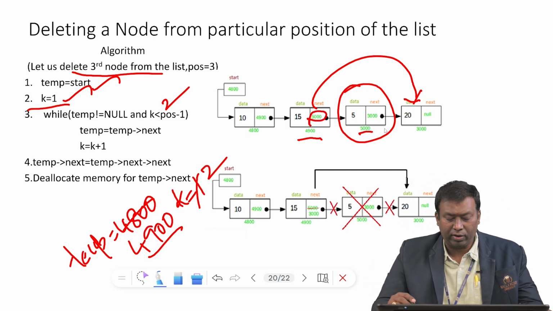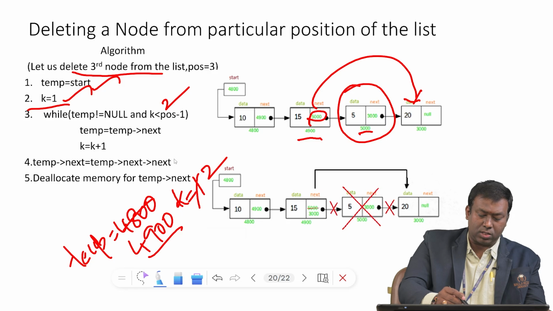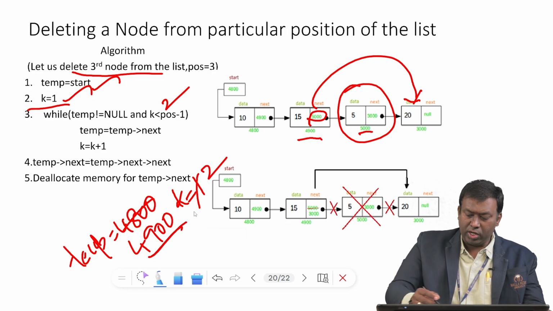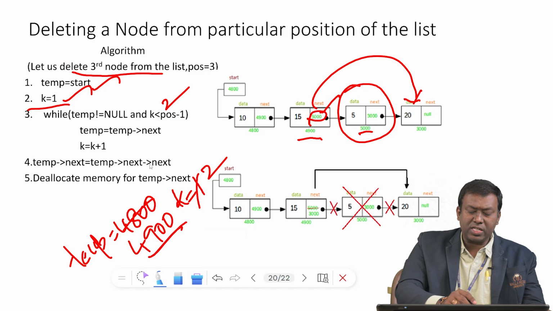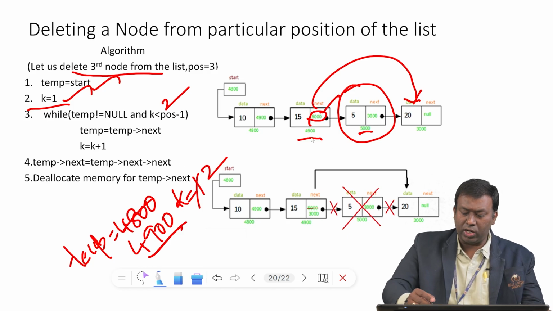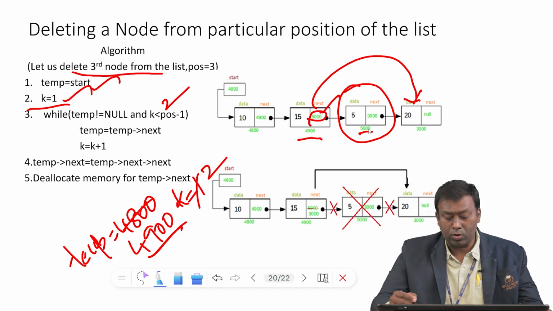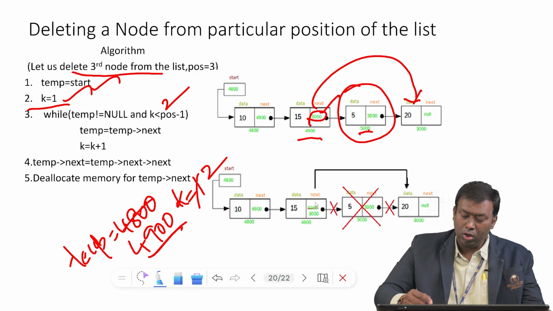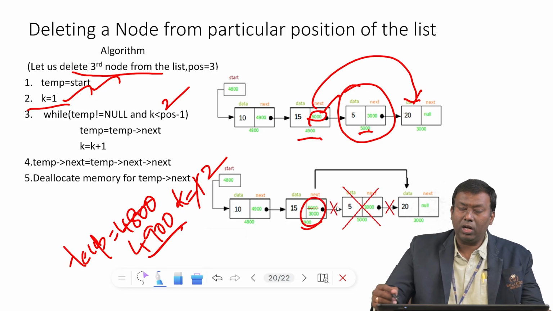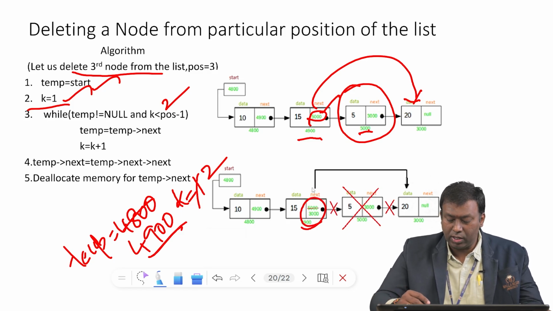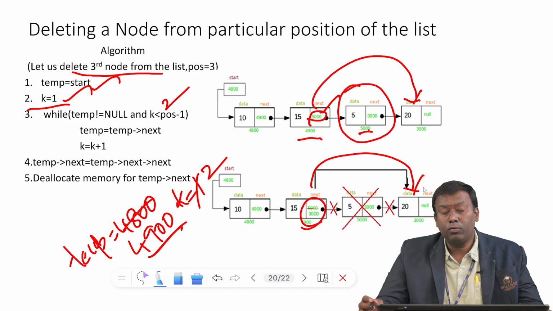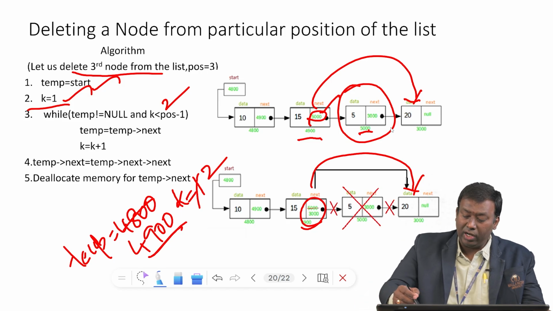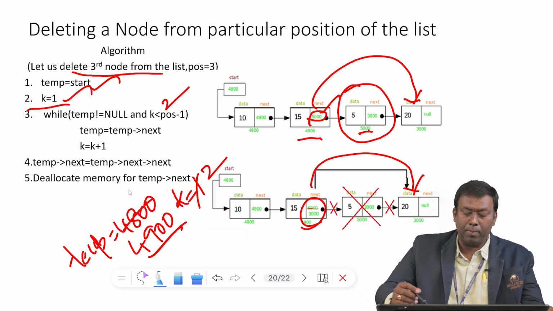So what I am doing for that: temp of next, what is temp? 4900. 4900 next part equal to temp of next. What is the temp? 4900. What is next? 5000. 5000 next is 3000. So automatically here I am replacing 5000 with 3000. That is, automatically this node will point to the fourth node. Now I want to deallocate the memory for this, so deallocate the memory for temp of next.